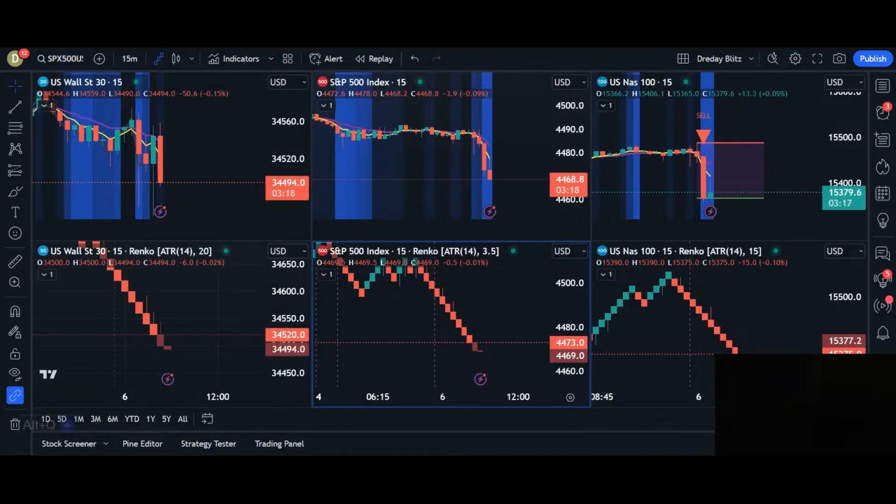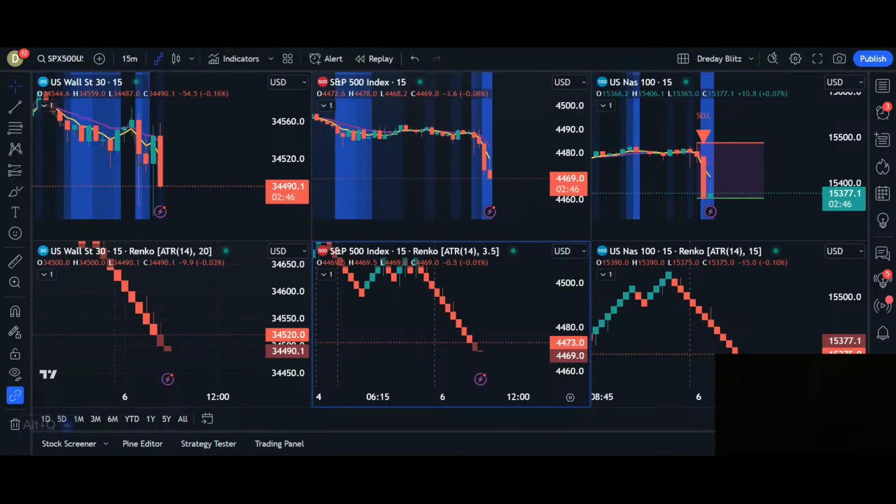We're looking for a sell setup overall on the US30, S&P 500, and Nasdaq 100. At the start of the New York session open, we had two signals for US30 and S&P 500 on the downside, and Nasdaq we had around 10:15 on the downside, and the Renko bars are still pushing down currently. So we should be in a good profit.